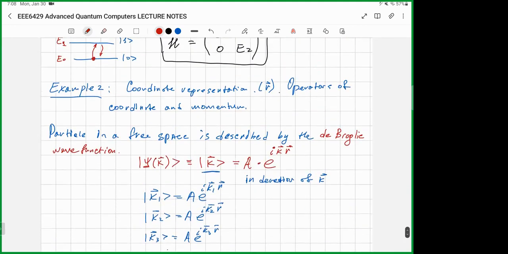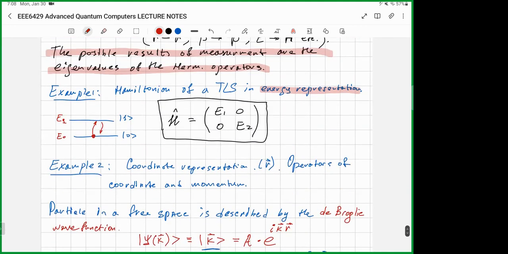Well, let me continue. For example, here in this example one, when we discuss the system in the energy representation, the energy operator has only diagonal elements, right? Because when I solve this equation for the eigenstates and eigenvalues, I will get the corresponding energy states, either 0 or 1.